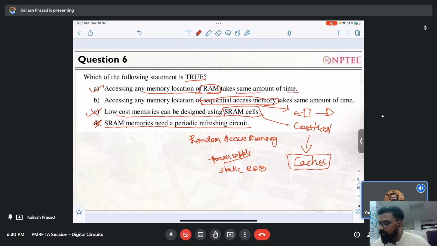SRAMs are found in caches, so you should note this down and read about what caches are. There are three levels of caches available: L1, L2, and L3. In mobile there are L0 caches also. So you should search it out and you will understand what caches are made up of.